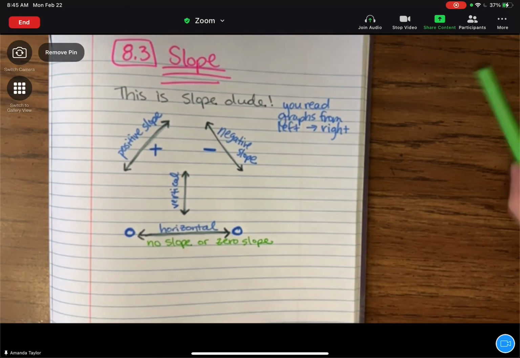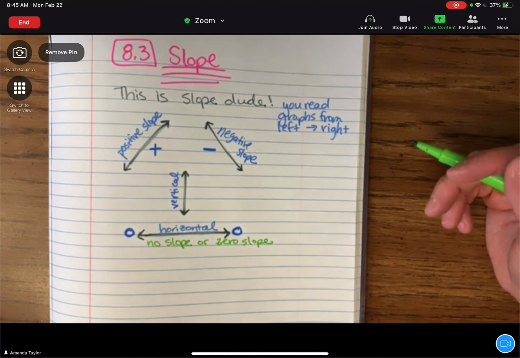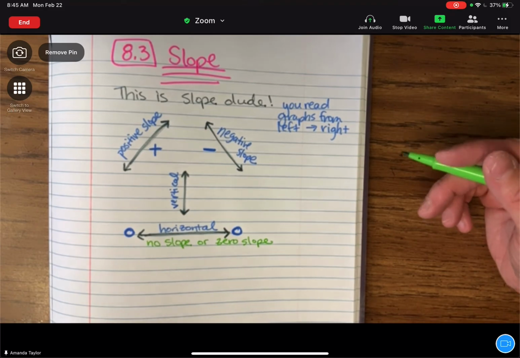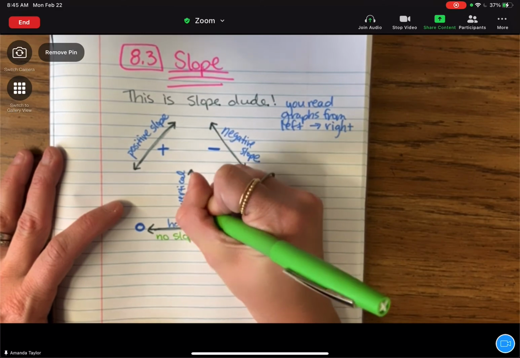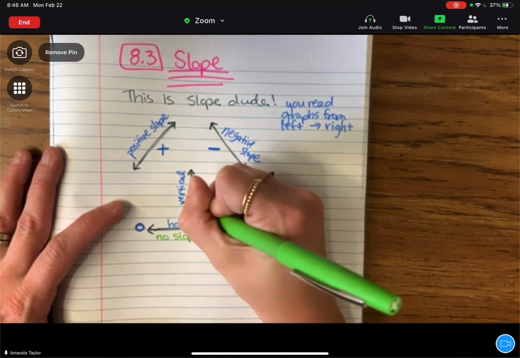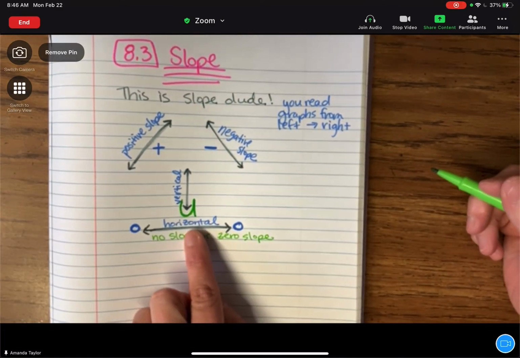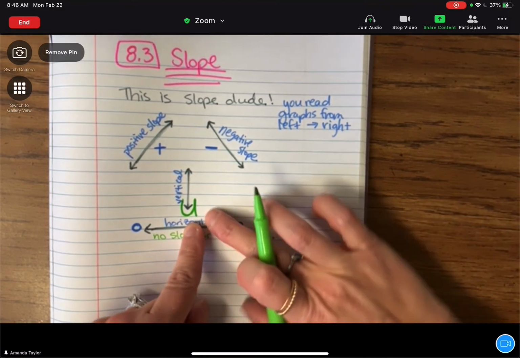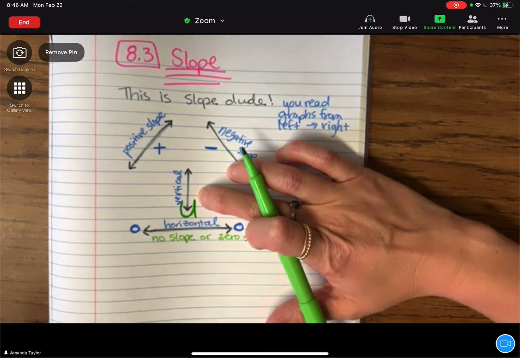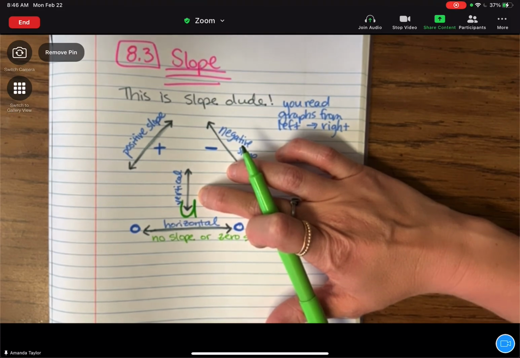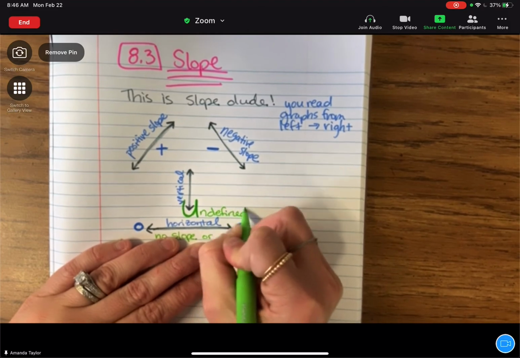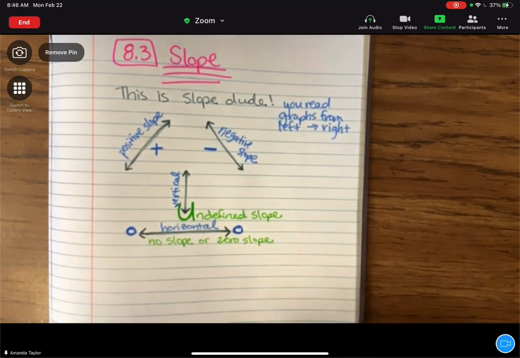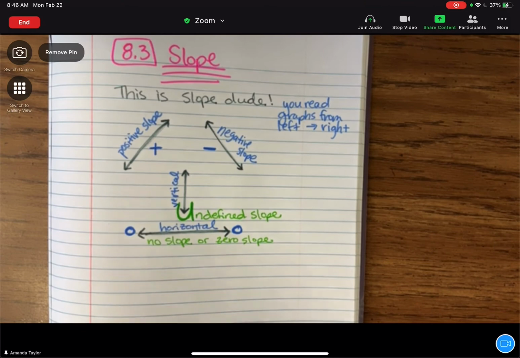And then Slope Dude is rockerish, and he has a nose ring, but his nose ring represents a U. Vertical lines are sloped forever, like it just falls into the abyss. So it's called undefined slope. You can't even define the slope because it's so sloped.